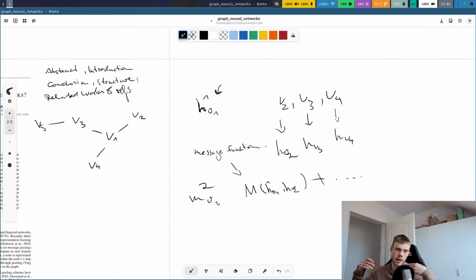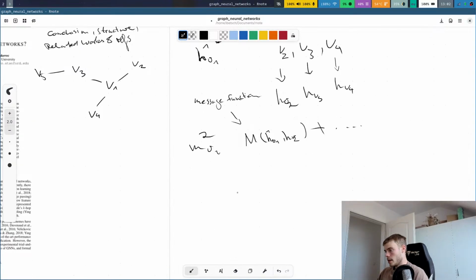The primary mechanism of communicating states between nodes. And then they have the vertex update function.